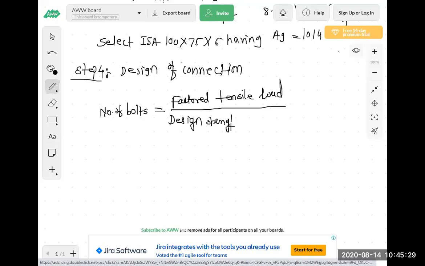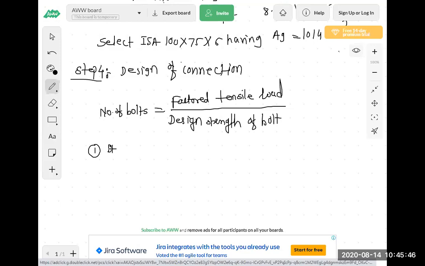Design strength of bolt is the strength of bolt in shearing and the strength of bolt in bearing. So we have to calculate here.